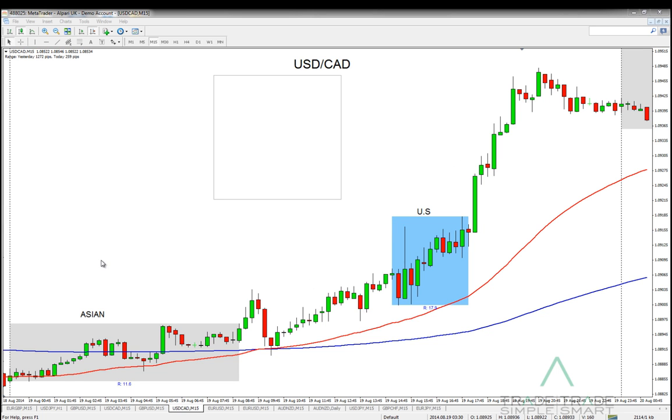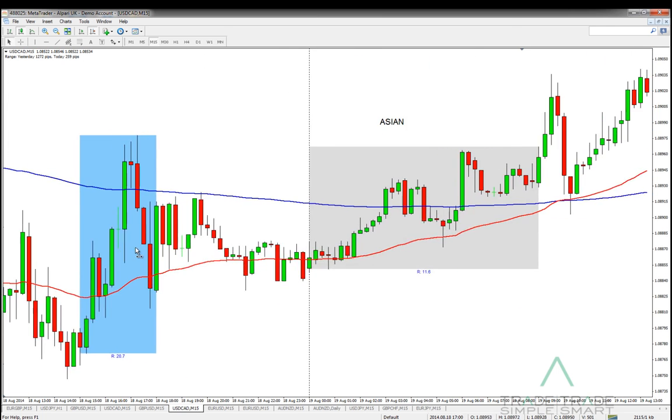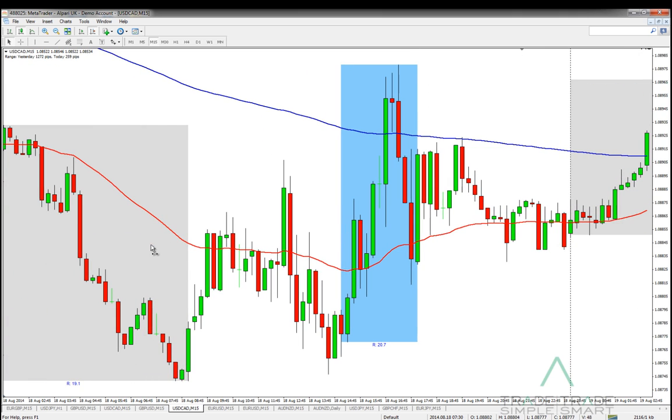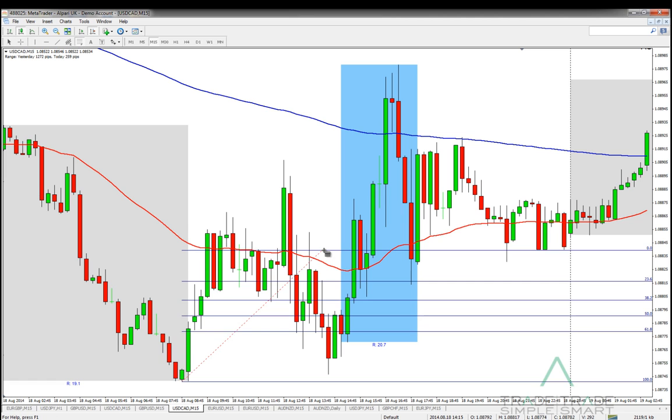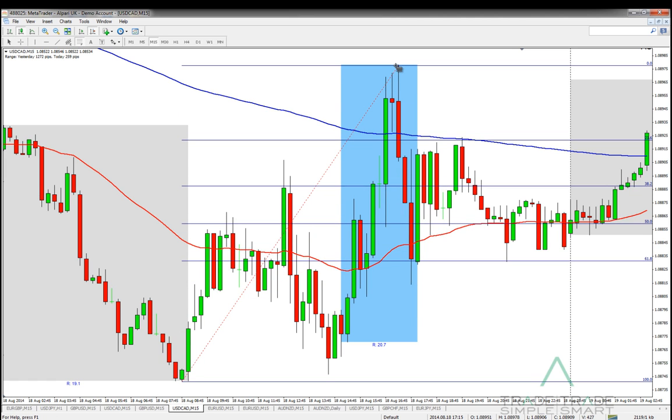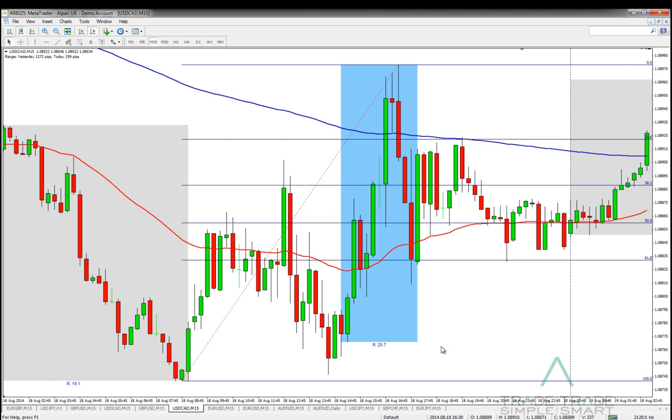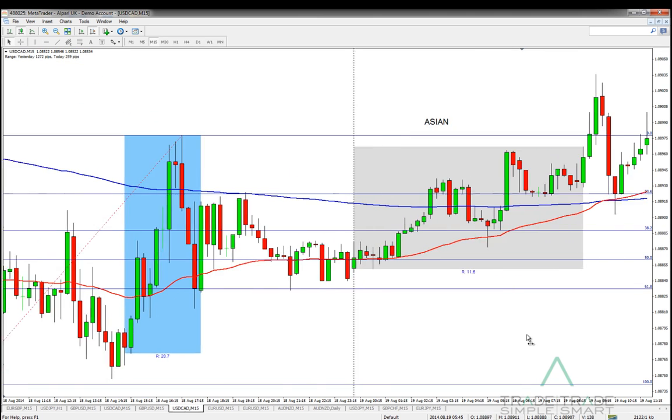Now again, if we scroll back to look for any kind of alignment, we see we have a clear trend to the upside on the previous day, and we take our fib tool from the low to the high, and then we'll scroll back.